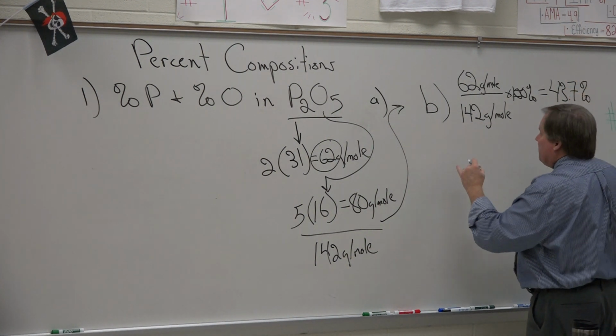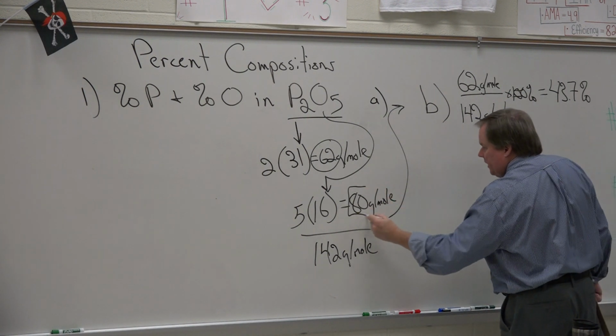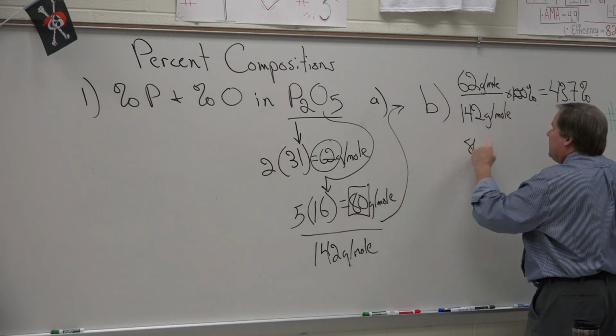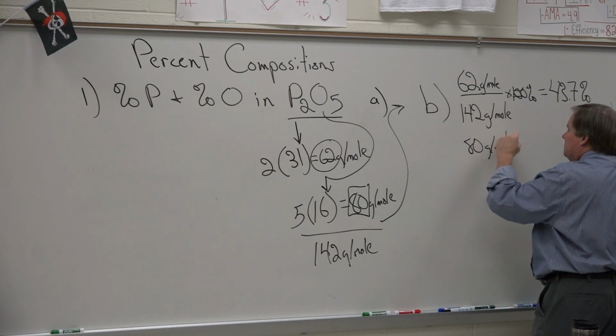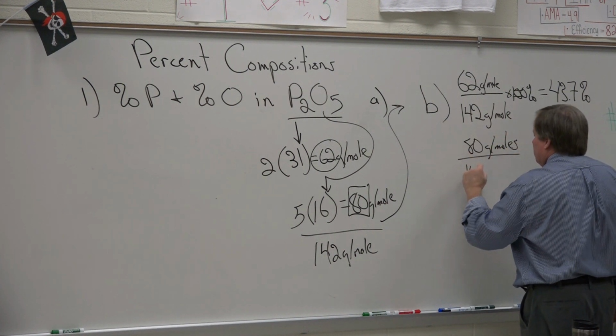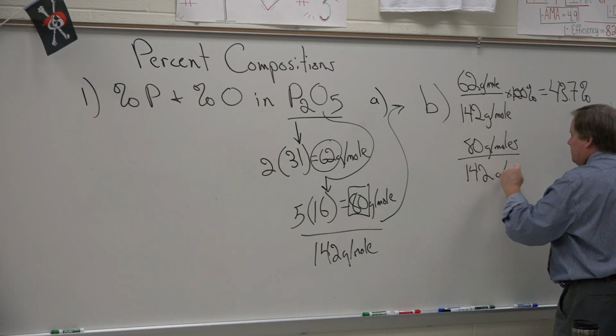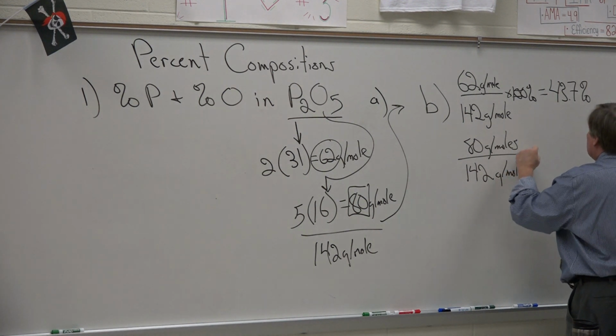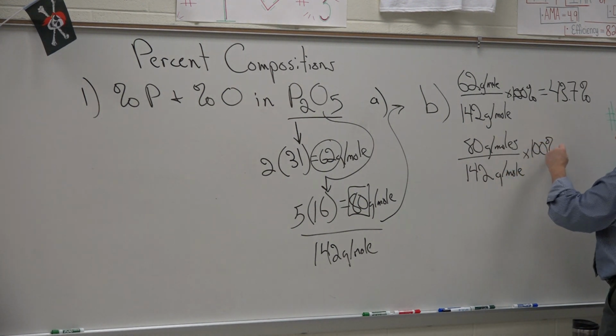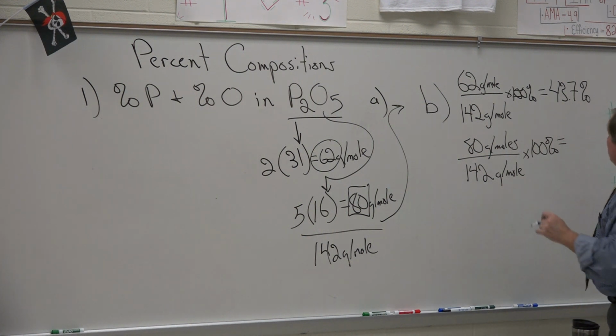The oxygen component, what was our oxygen total? 80. 80 grams per mole. Divide by that 142 grams per mole again, times 100% equals 56.3%.